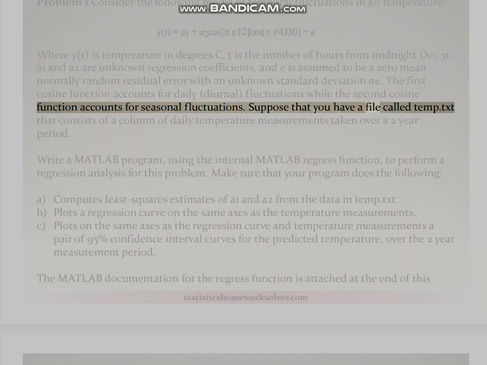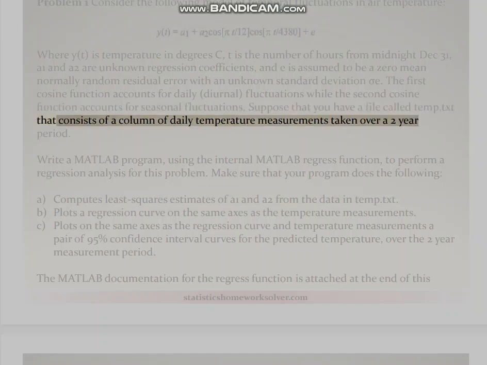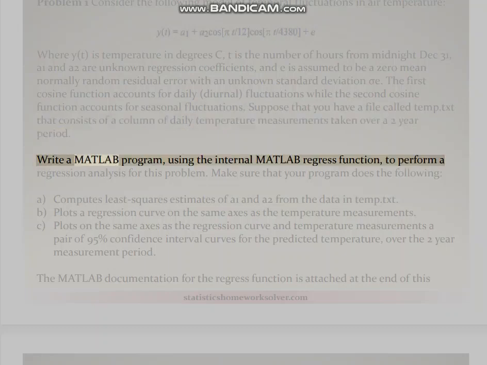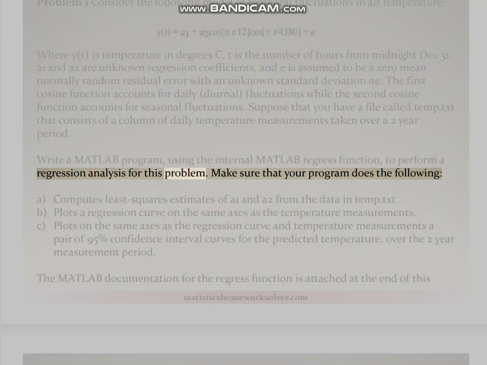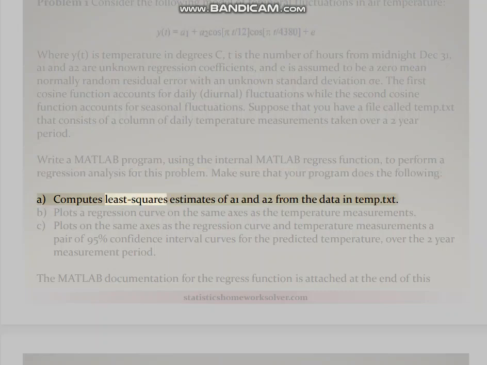Suppose that you have a file called temp.txt that consists of a column of daily temperature measurements taken over a 2-year period. Write a MATLAB program, using the internal MATLAB regress function, to perform a regression analysis for this problem. Make sure that your program does the following. A. Computes least squares estimates of a1 and a2 from the data in temp.txt.